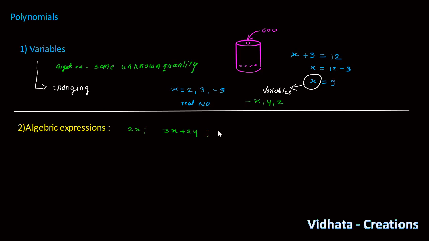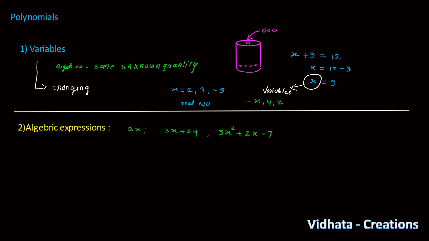And one more example, we will take as 3x square plus 2x minus 7. Now, what do we want to study? To which forms or examples in algebra we call algebraic expressions. This we are going to study.